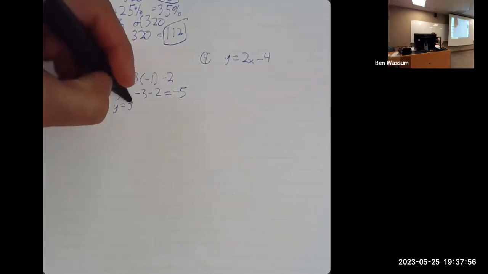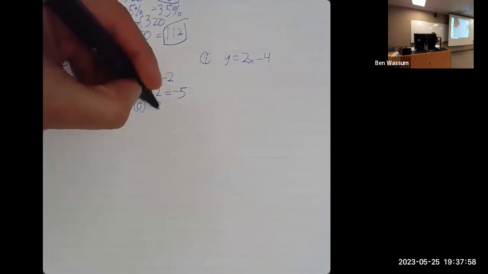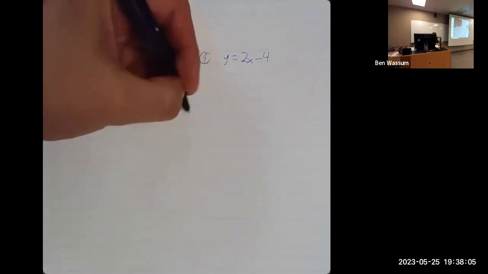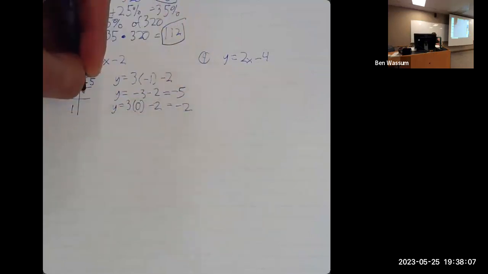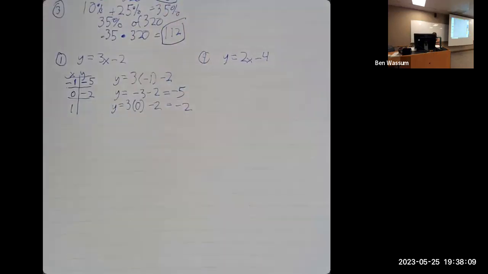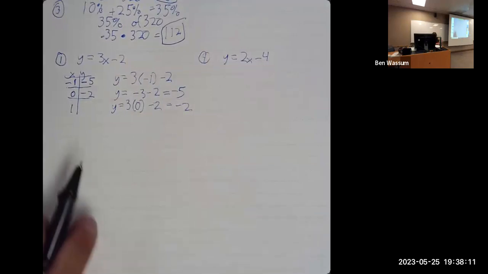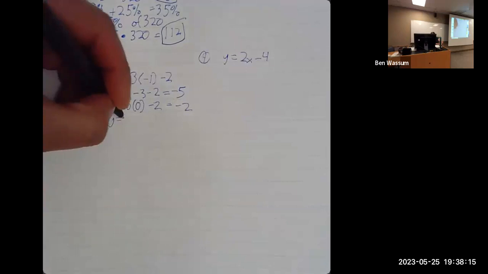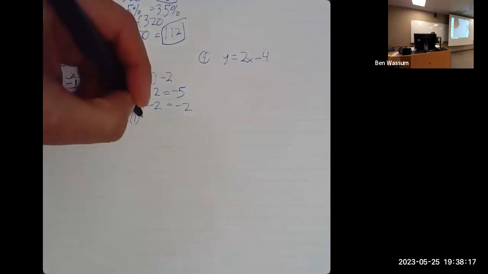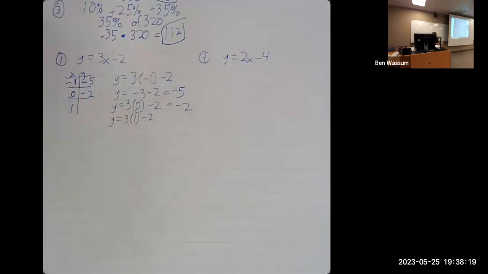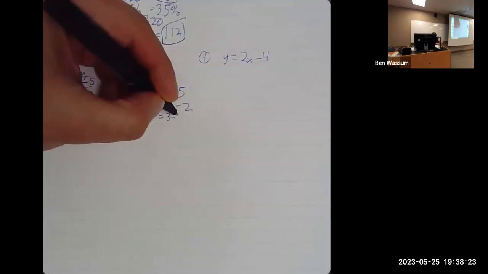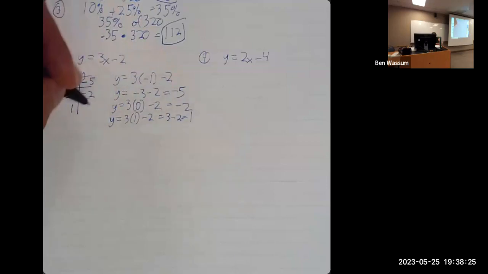Y equals 3 times 0 minus 2. Well, 3 times nothing is nothing, so just -2. Then plugging in the 1 for X, Y is equal to 3 times 1 minus 2. So that's 3 minus 2, 1.